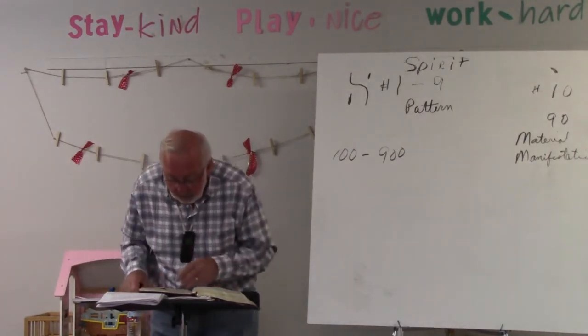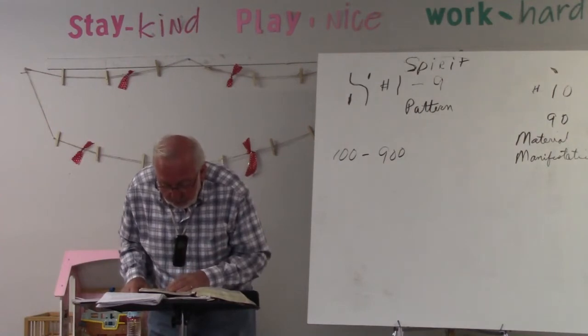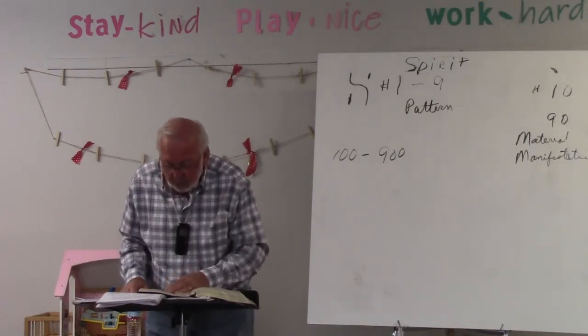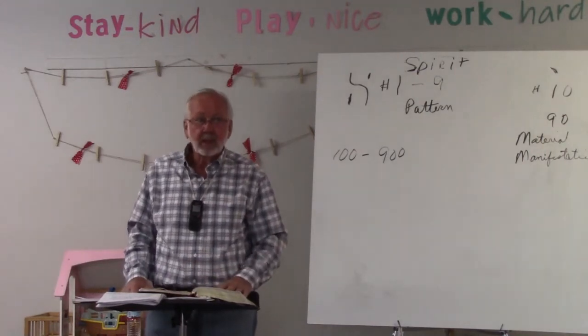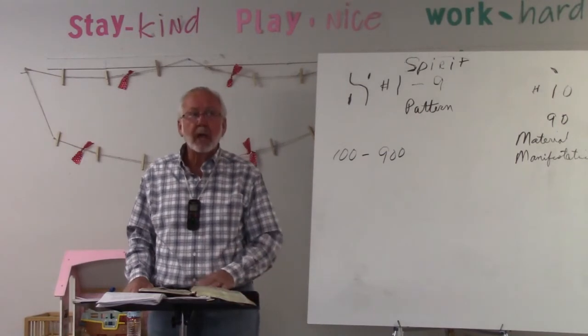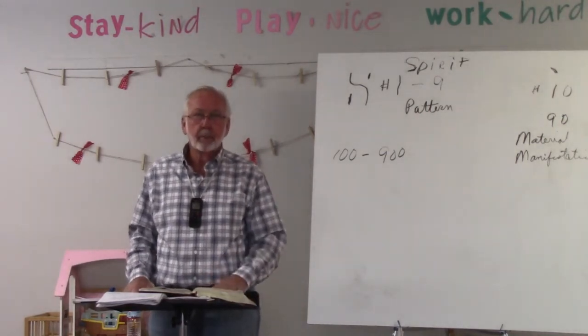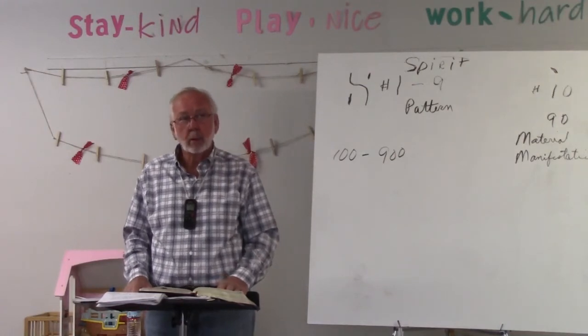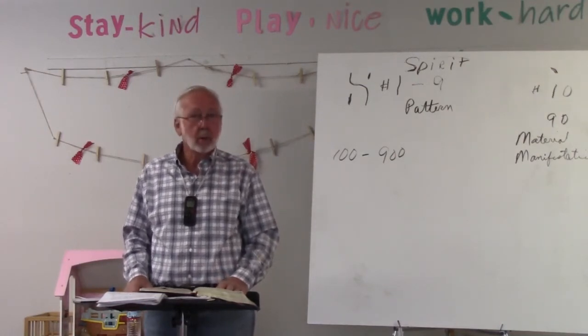Verse 19 says, for the earnest expectation of the creature waiteth for the manifestation of the sons of God. You see that word creature? That's the same word used over here in Romans chapter 1. Creator. Who is the creator?